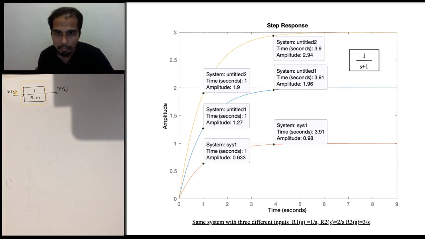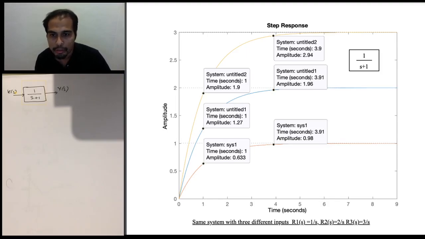We will supply three different inputs to the system. Look at the slide. R1, the input 1, is 1 over s, R2 is 2 over s, and R3 is 3 over s. We apply them to the same system, 1 over s plus 1, and then see the response and the parameters on the response side.